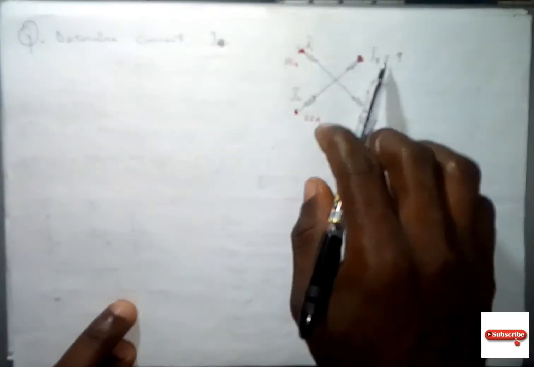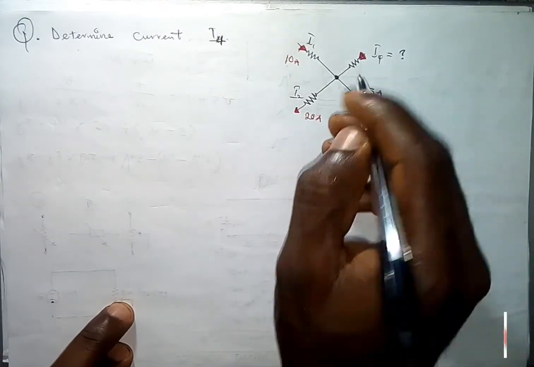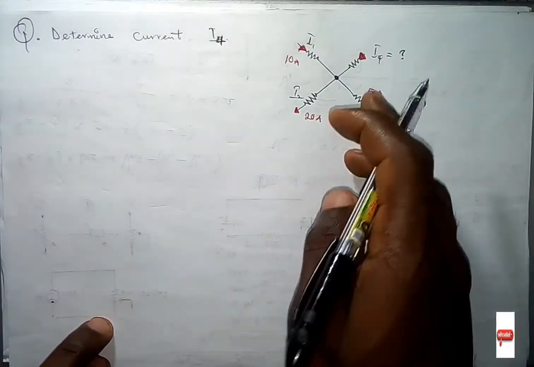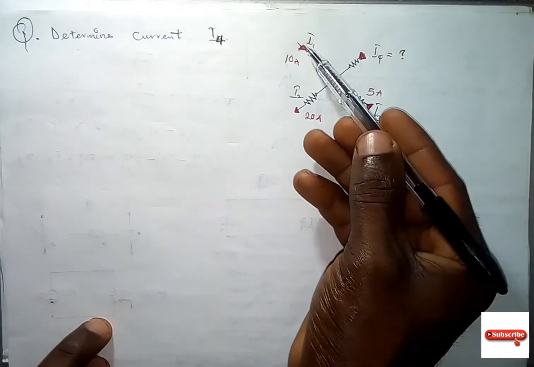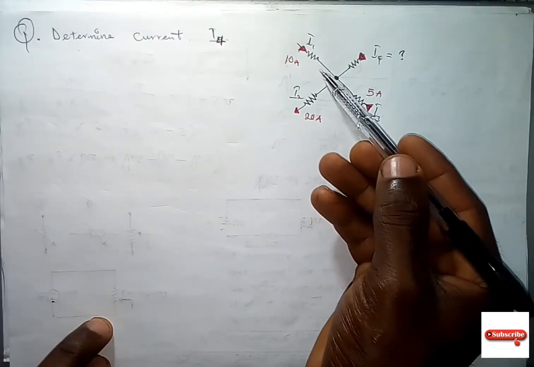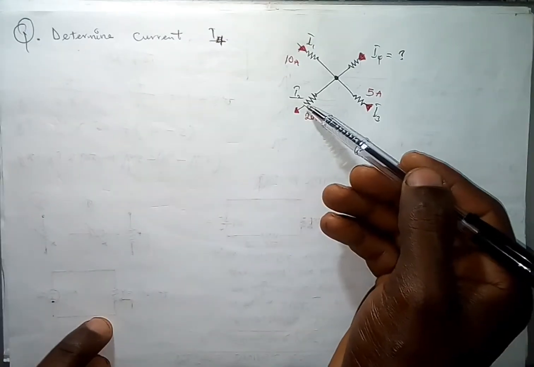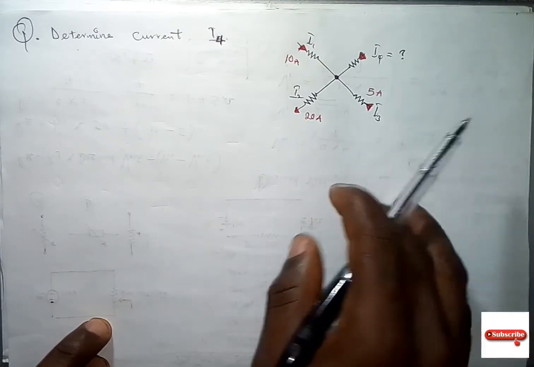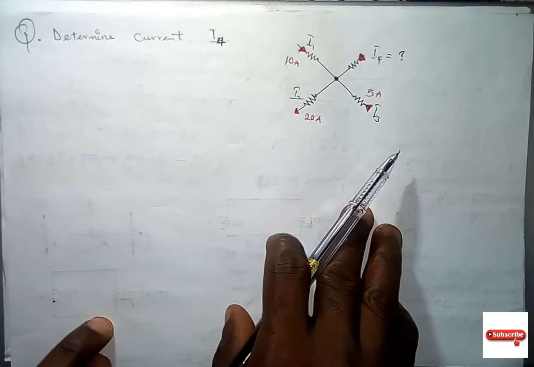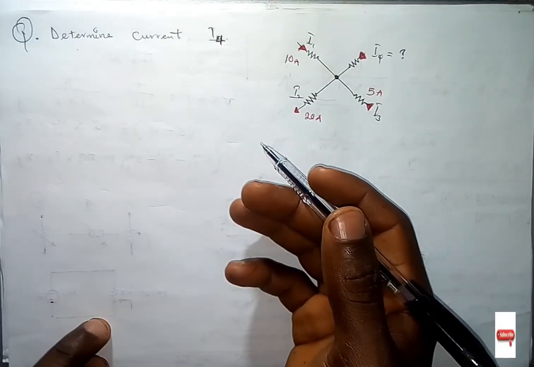I4 is the unknown here. Let's follow the direction. We can see I1 is entering, I4 is entering, even though we don't know the value, I2 is out, and I5 is also entering.